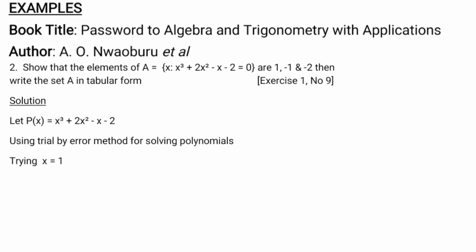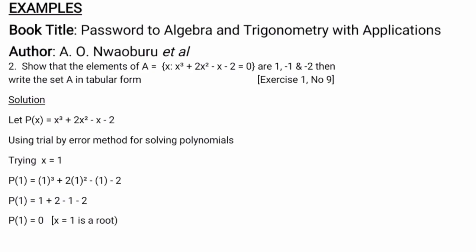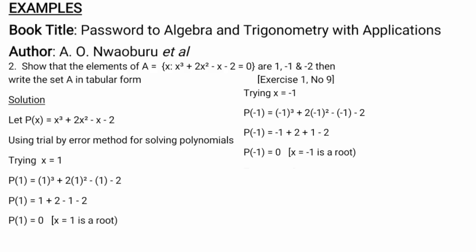So using the trial by error method for solving polynomials, we first start by trying x equal to 1. Anywhere there was x in the equation, we put 1. And as you can see, it truly comes out as 0. Therefore, x is a root, otherwise an element. You also try the second one they gave you, x equal to -1.